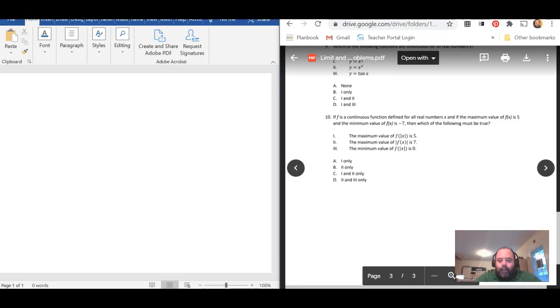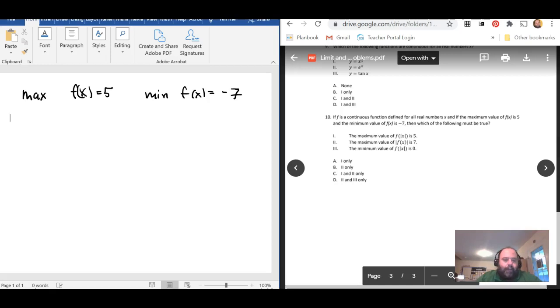All right, so let's look at problem 10. Problem 10 puts me in some situation where I have a maximum of f of x equal to 5, and a minimum when f of x is equal to -7.